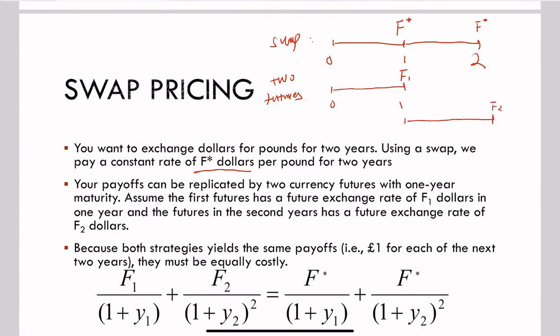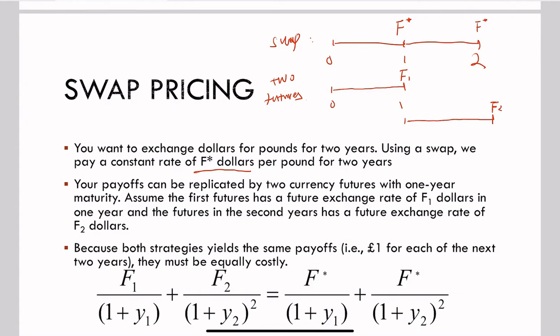Let me be consistent with the lecture notations. So this basically says in the first year, using the first futures contract, you pay this F1 dollars and you will get £1. And then using the second futures contract, you pay F2 dollars. You will get this £1.